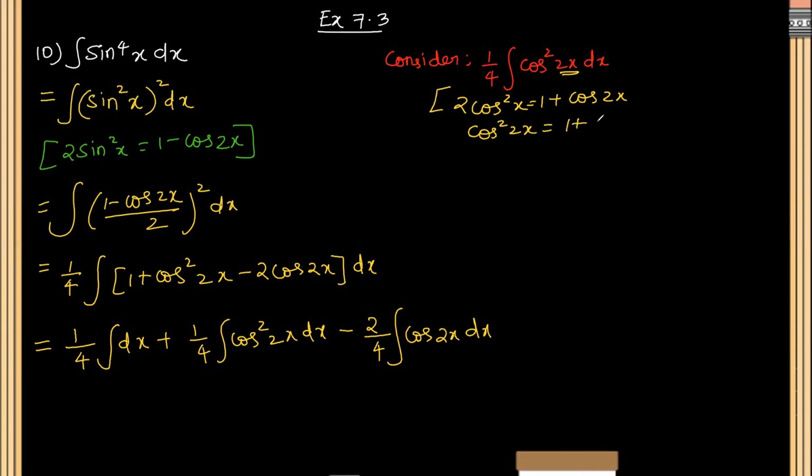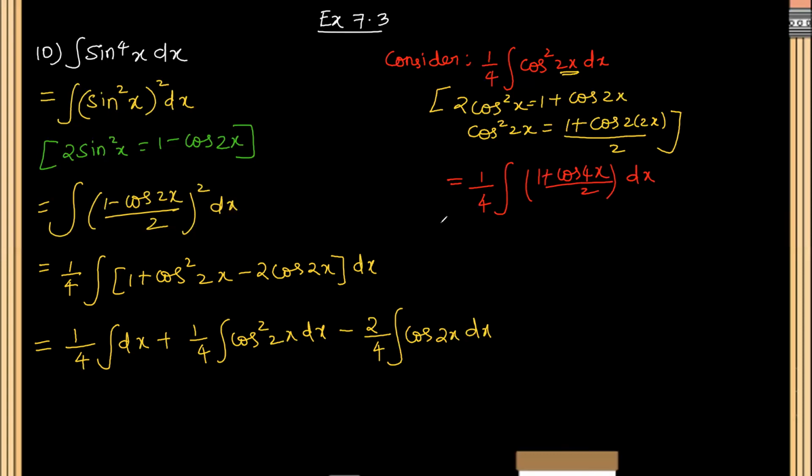So the right side has 1 plus cos 2 of 2x, that becomes (1 plus cos 4x) by 2. So now the term becomes 1 by 4 into integral (1 plus cos 4x) by 2 dx. Now this becomes 2 integrals, as we have addition in between.